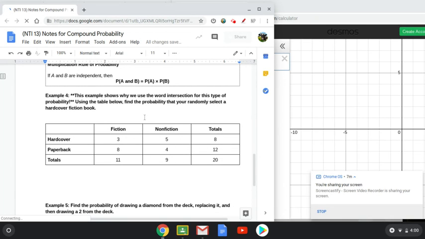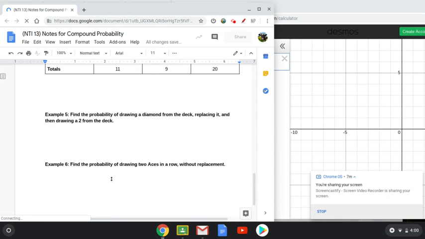What I would do is find the little cell on the table where the hardcover row intersects the fiction column. How many books fall in that space? Well, 3. So 3 out of 20 of those books are both hardcover and fiction. That's why we use the word intersection when we refer to the word and when we're dealing with probabilities. It's where a row on the table intersects a column.